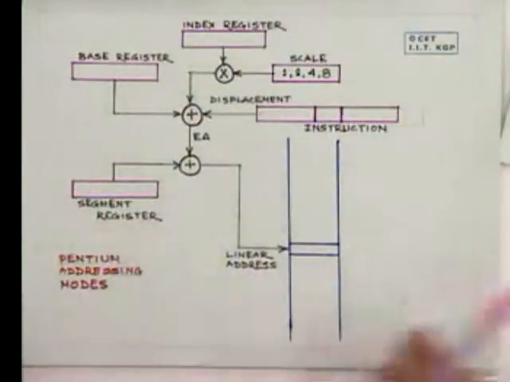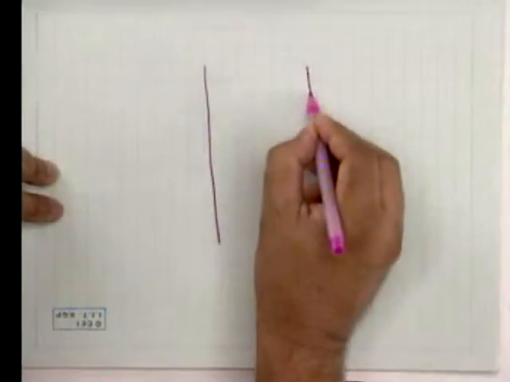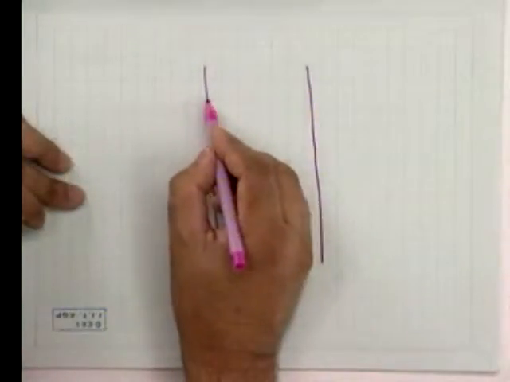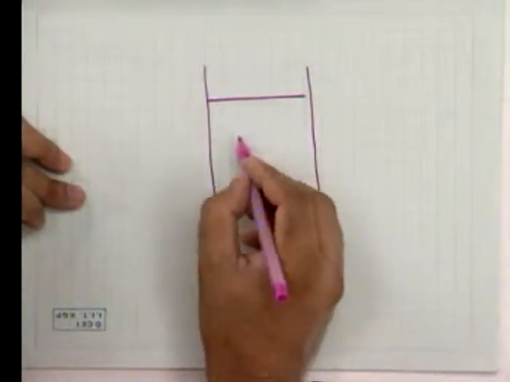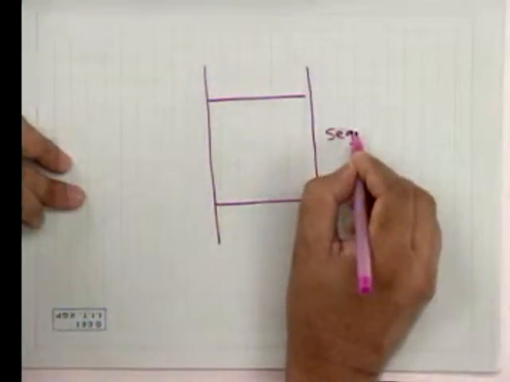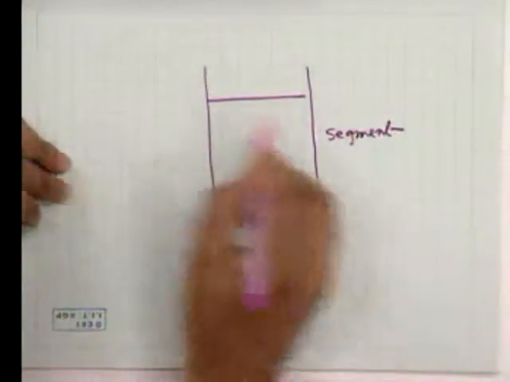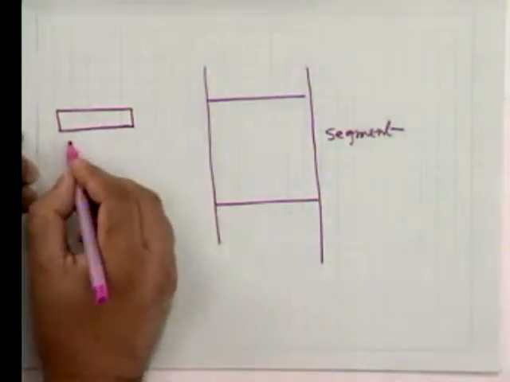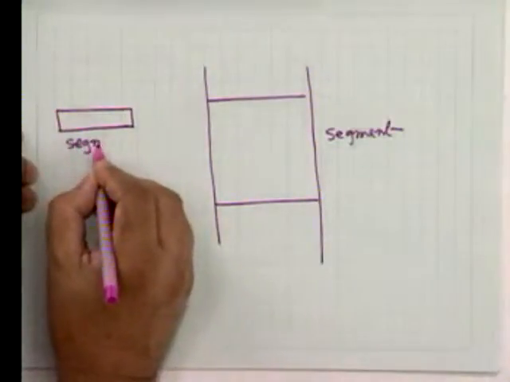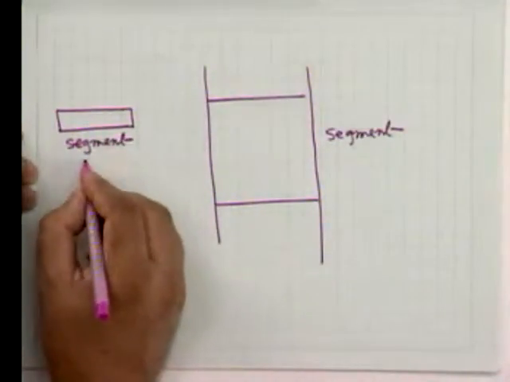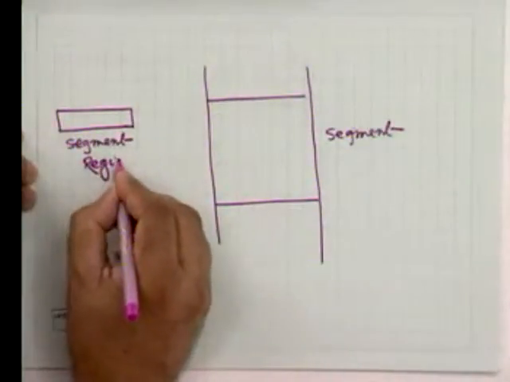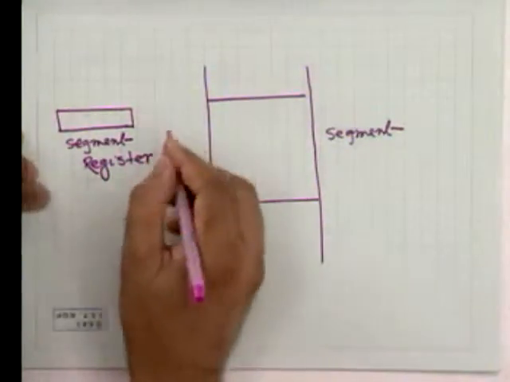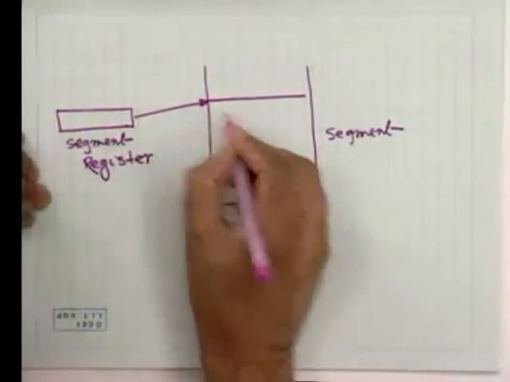The purpose of the segment register is somewhat this. So, for example, say this is the segment. The segment register corresponding to the segment points to the beginning of the segment.